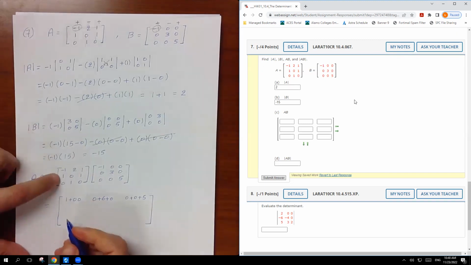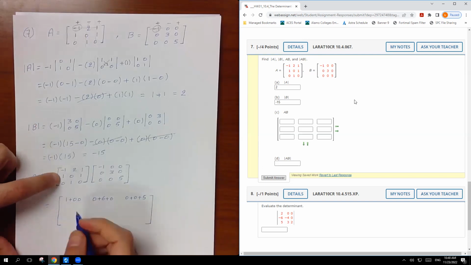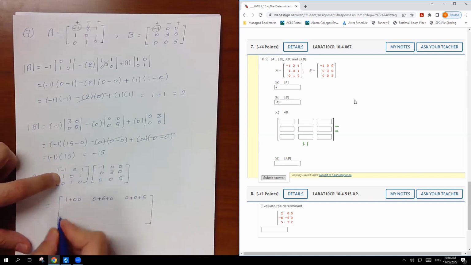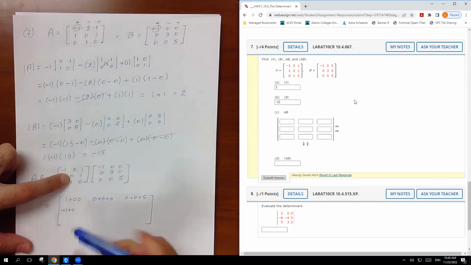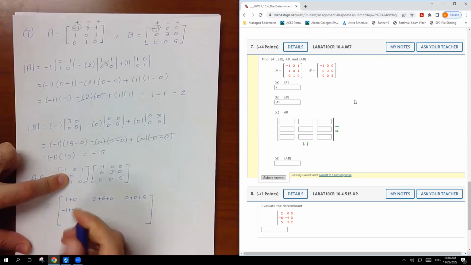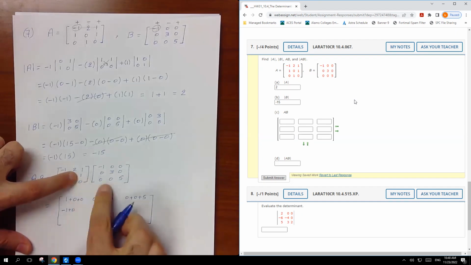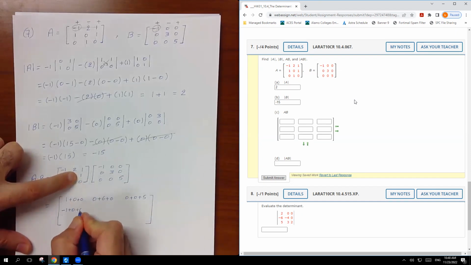Now, the second row with the first column. So 1 times -1 is going to be -1. 0 times 0 is going to be +0. Here's a plus. And 1 times 0 is going to be also 0.